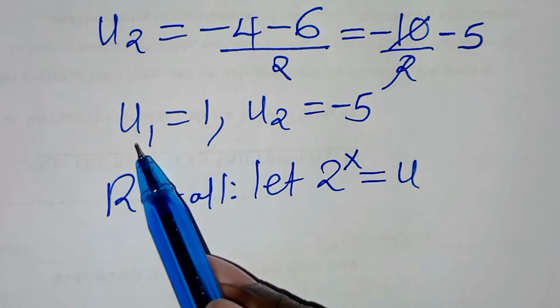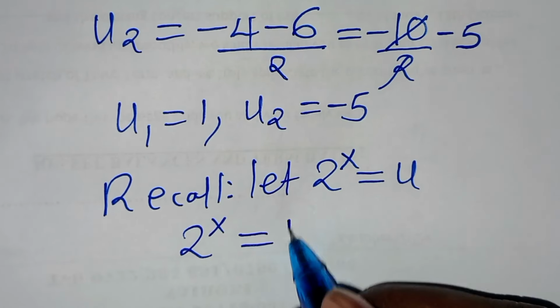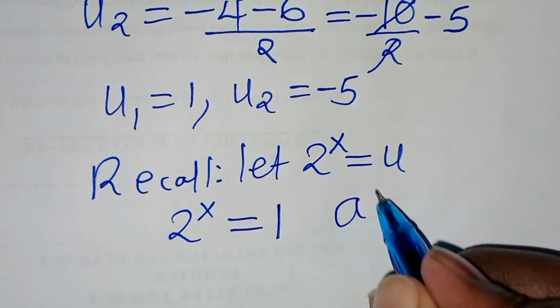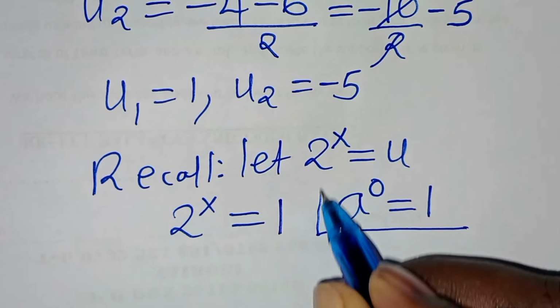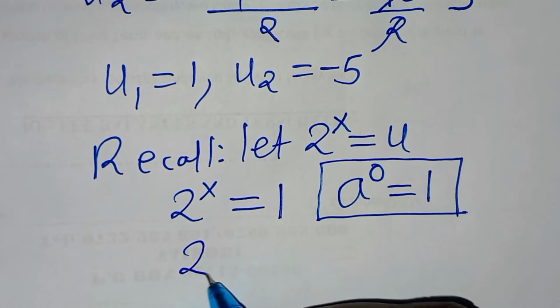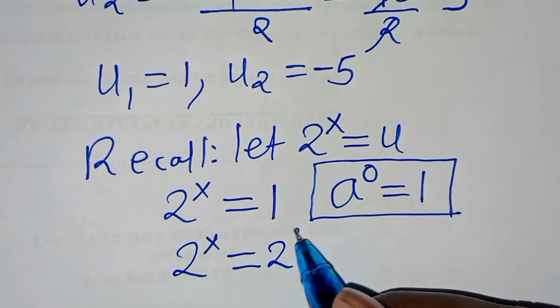So let's substitute the first value of u. We have 2 to the power of x equal to 1. Now, a to the power of 0 is the same thing as 1. So let's apply this property: 2 to the power of x is the same thing as 2 to the power of 0.